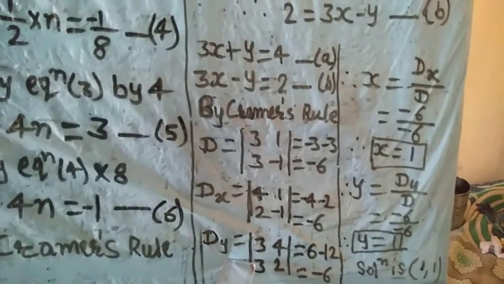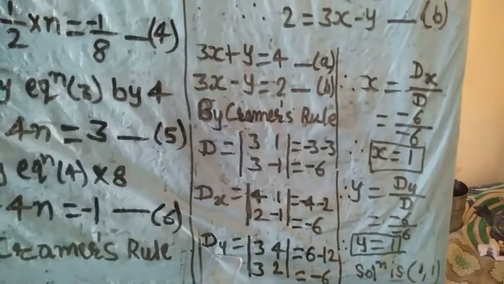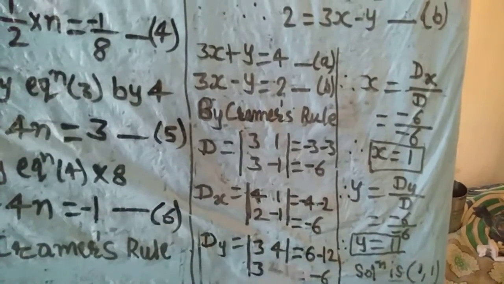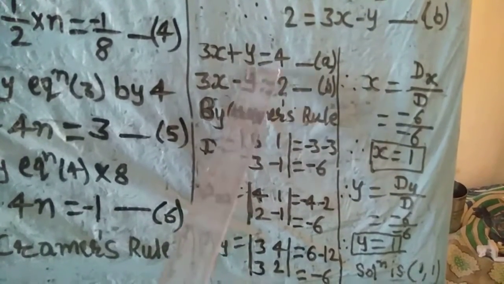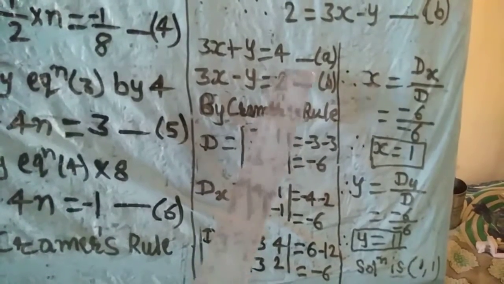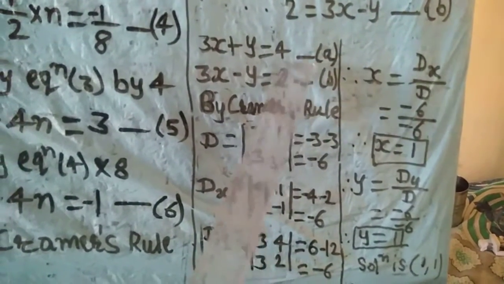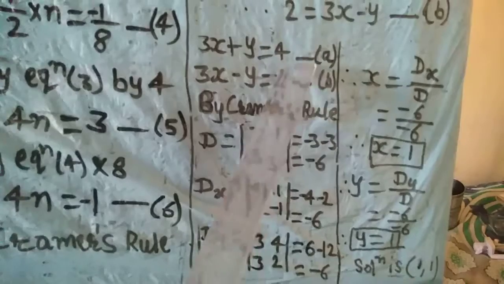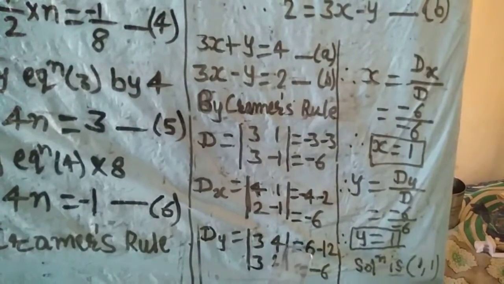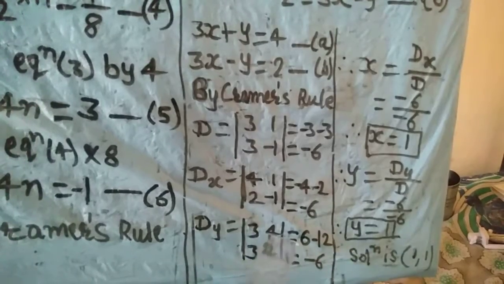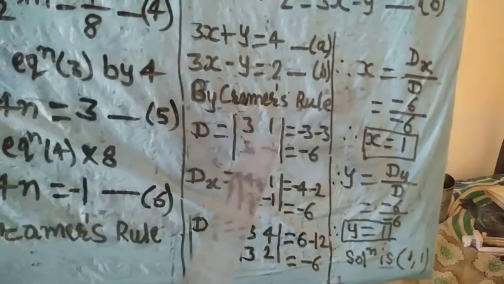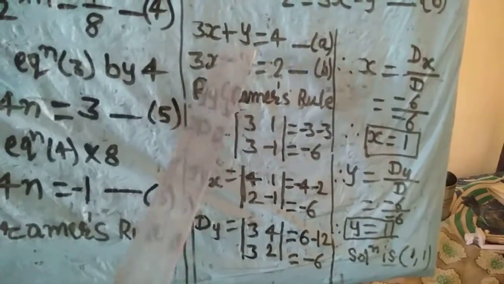Now dy. Now we have to change the column of y term. You have to eliminate the column of y term, and instead of that you have to put the column of constant terms, which is 4, 2. Keep the x term as it is according to your determinant.